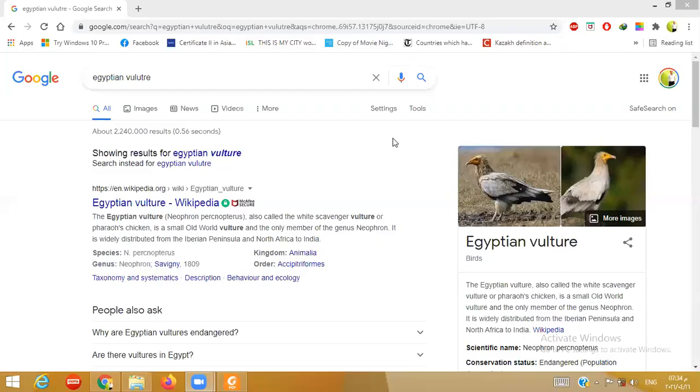All right. It says here the Egyptian vulture was called the Pharaoh's chicken. Okay, in the old world, it was called Pharaoh's chicken. All right, so let's figure out more about that bird.